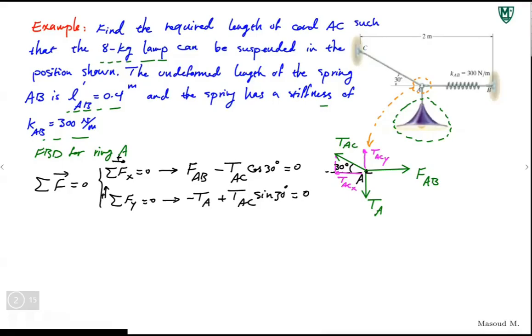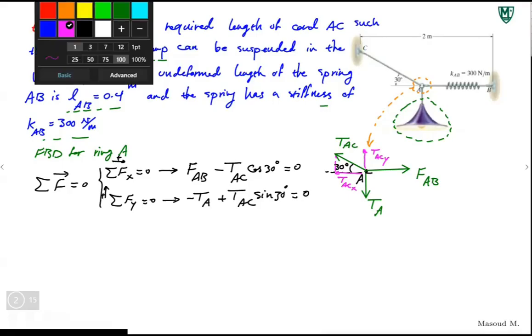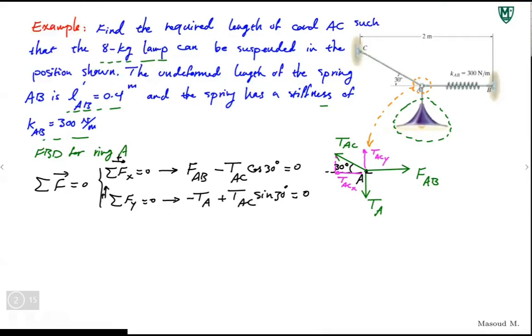Now here's what we know about these values. We don't know FAB in the spring. It's just some force in the spring. We know the spring stiffness. We know its undeformed length, but remember, F for a spring is KS, and S is the final length minus the initial length.